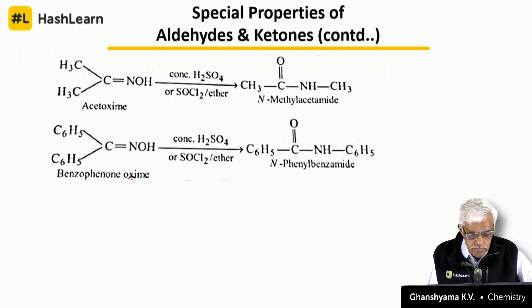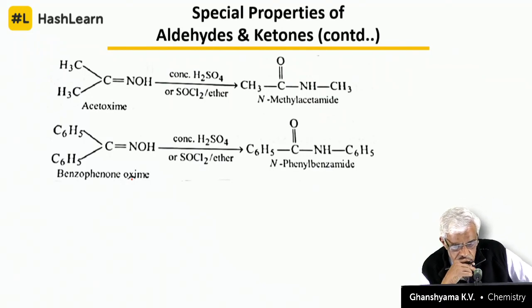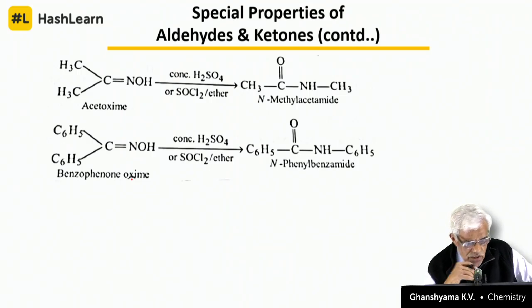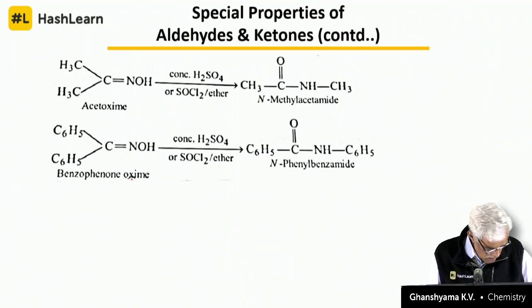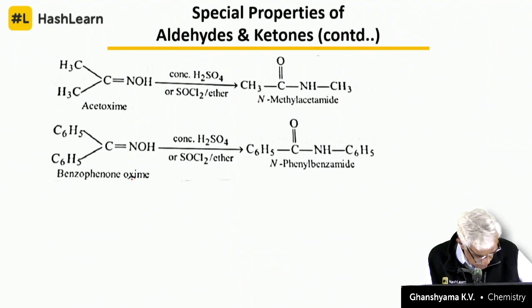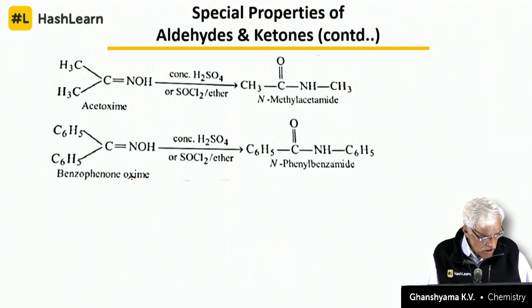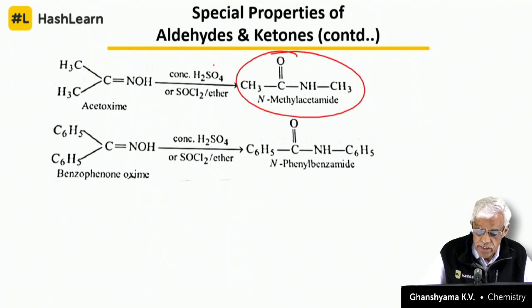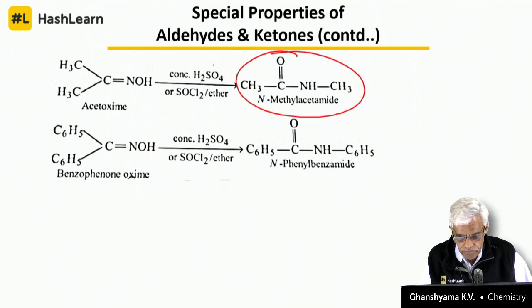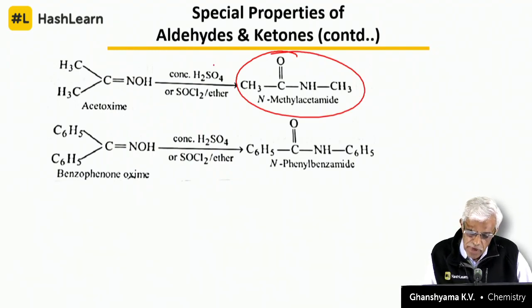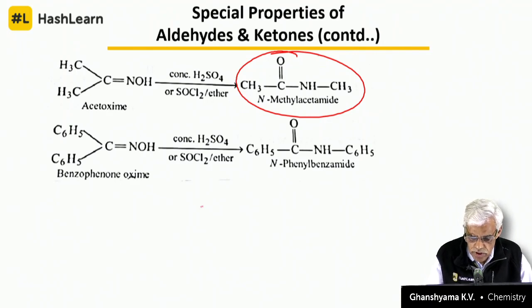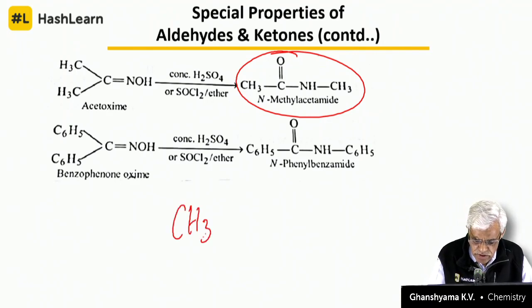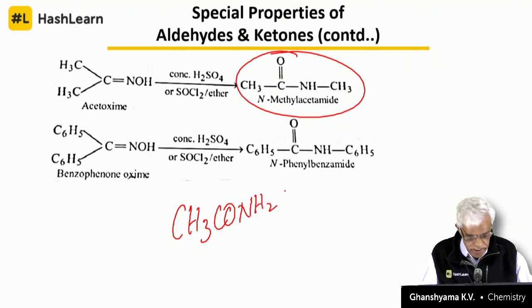Then after that, we shall come to another special reaction. This is an oxime. An oxime is converted into a derivative of amide. So, this compound CH3 CO NH2 is acetamide.